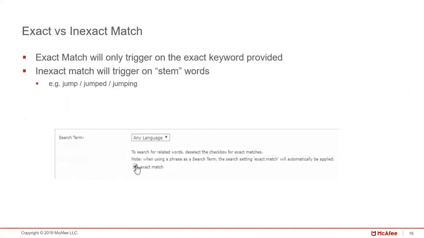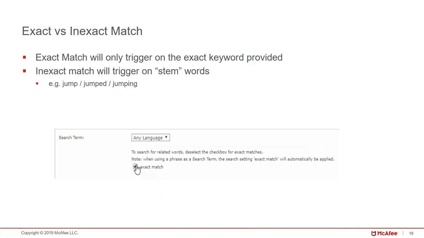So you may have noticed that there's also an exact match checkbox under a search term. Basically, that means we're looking for exactly the phrase that we put in the search term. So if we put in the word jump and we have exact match selected, it is only going to find the word jump. It will not find jumped, jumping, or jumps.